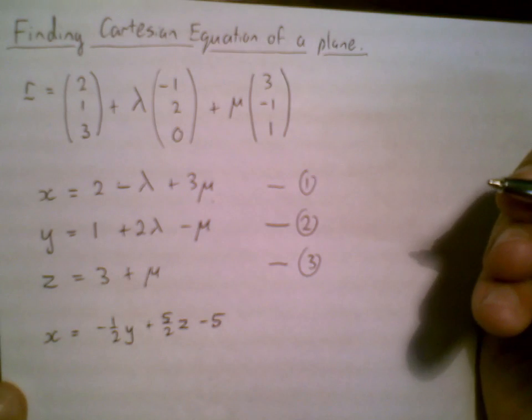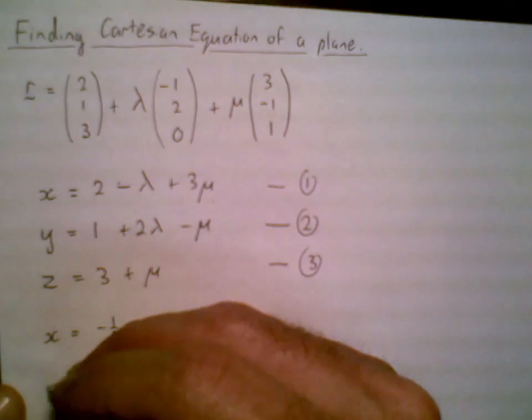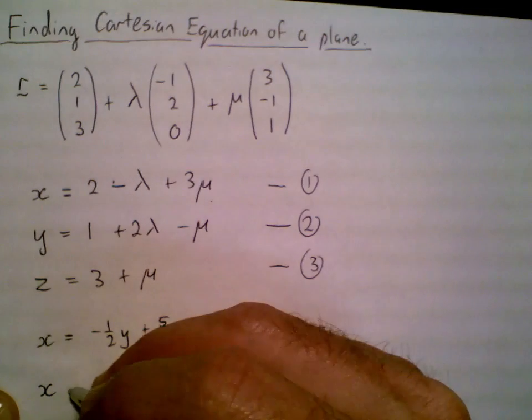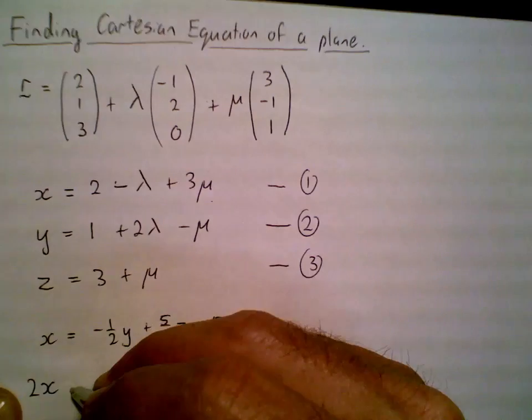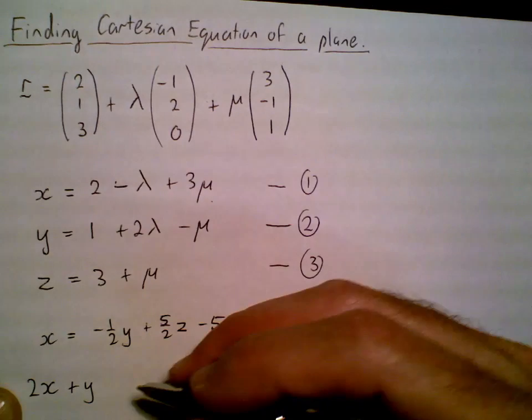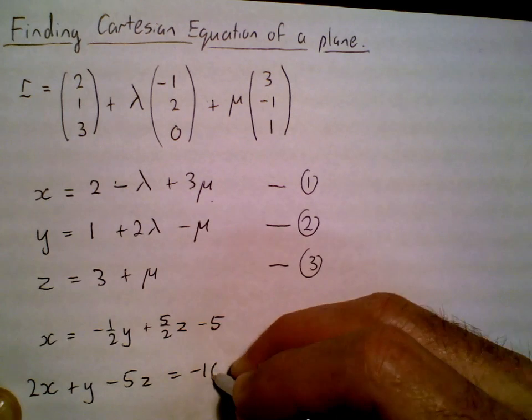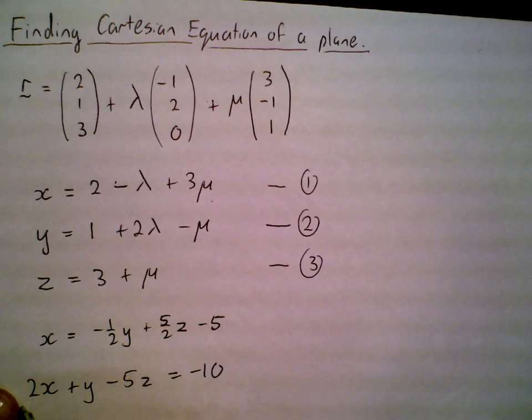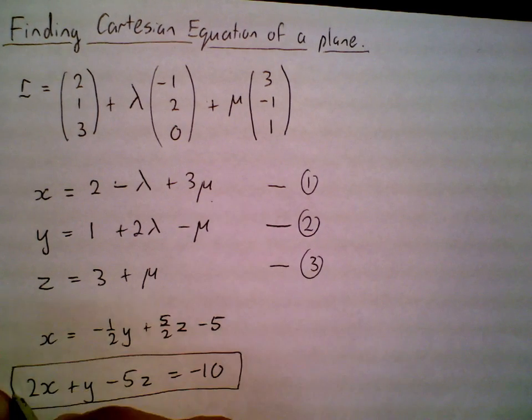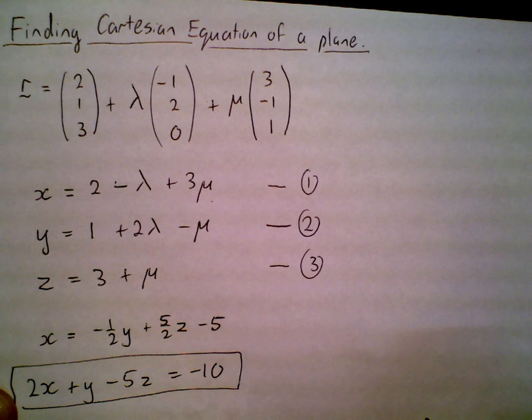Just some simple rearranging here, multiplying through by 2, we get 2x plus y take 5z equals negative 10. And there's our Cartesian equation of a plane.